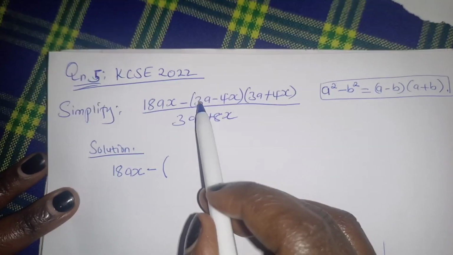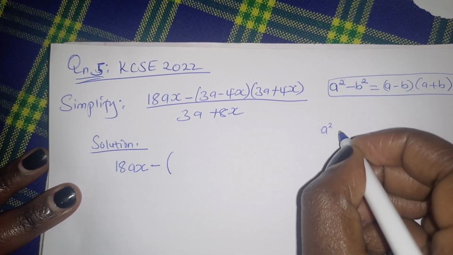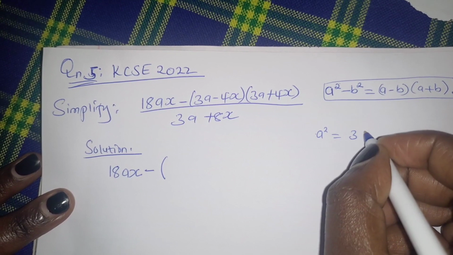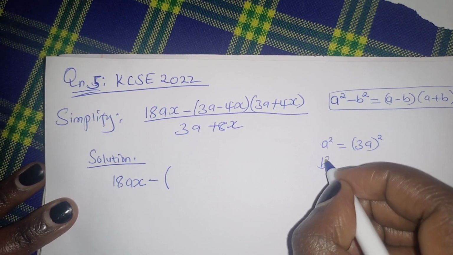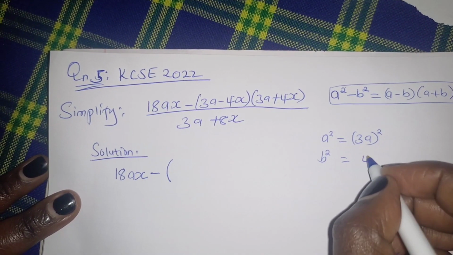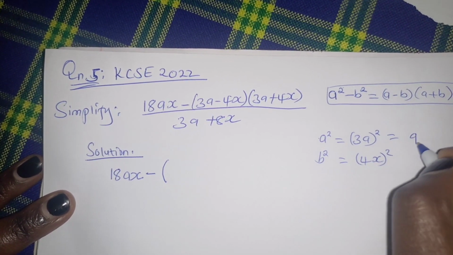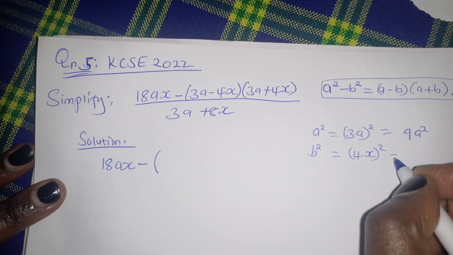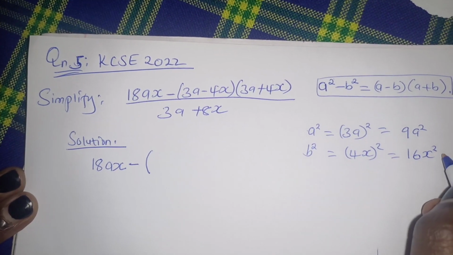So our a squared in this case will be 3a, and our b squared will be 4x. So this gives us 9a squared, and this gives us 16x squared.